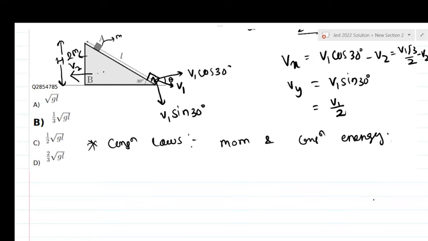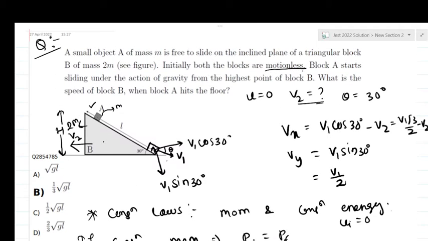First, if we apply conservation of momentum, the initial momentum will equal the final momentum. Here is the initial point and here is the final point. The initial velocity is 0, as given in the question, both the blocks are motionless initially.